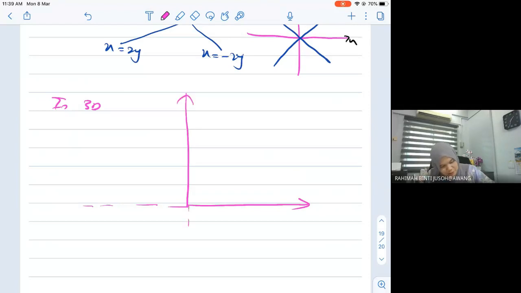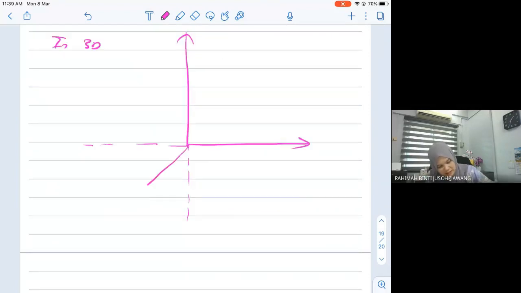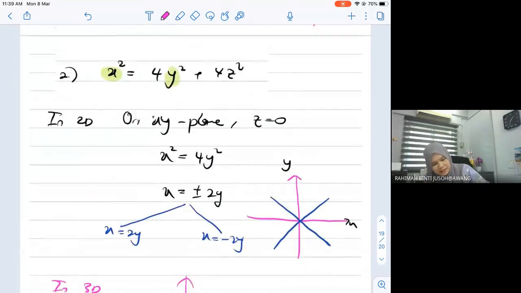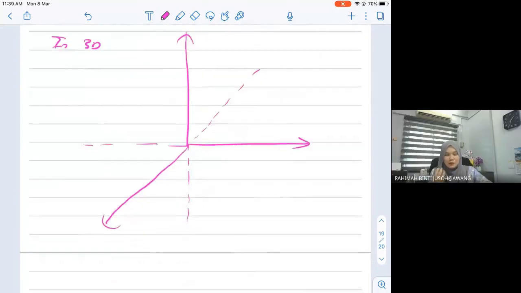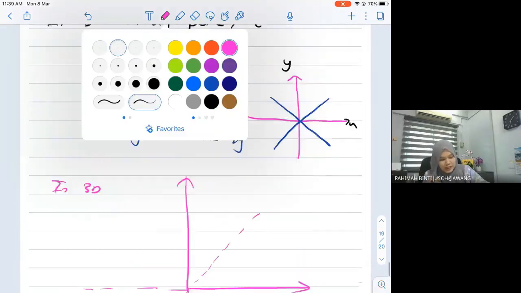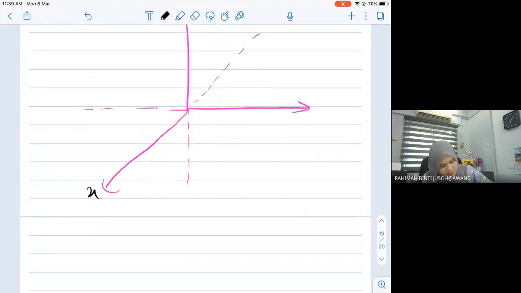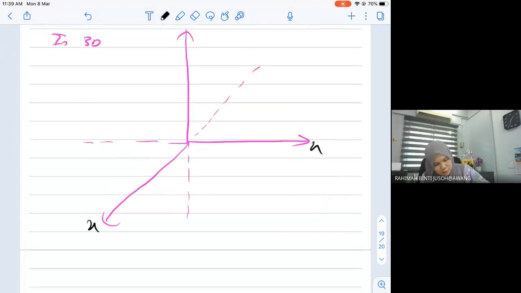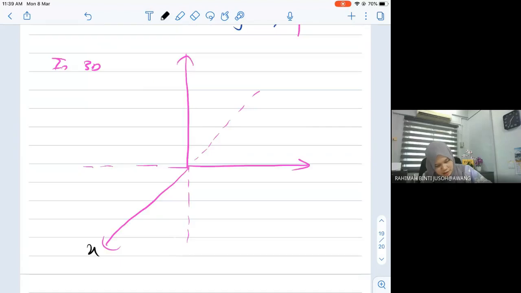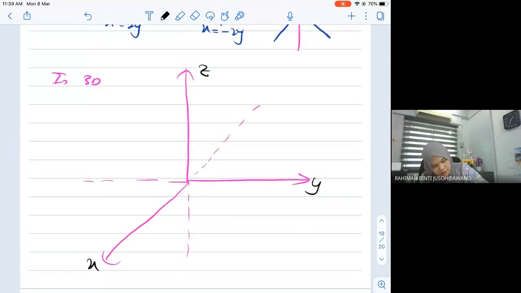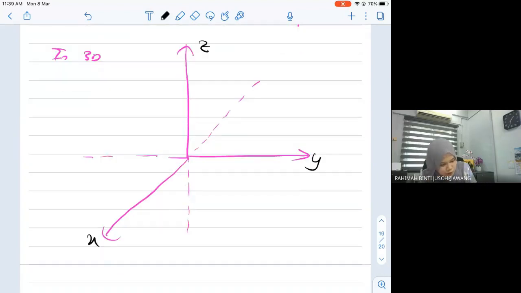Okay, apa subjek kita tadi? Subjek kita apa ni? X. So automatically kita punya cone tu akan menghadap si X. Okay, bila X sebagai subjek, ini X, ini Y, ini Z. Automatically you punya cone, dalam kes ni you all akan ada two cones.